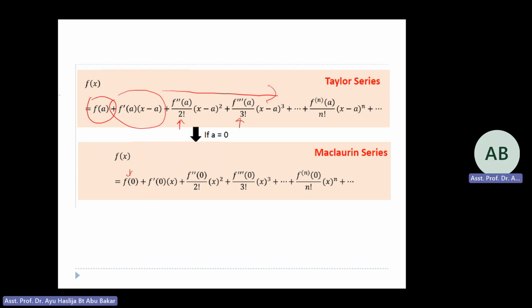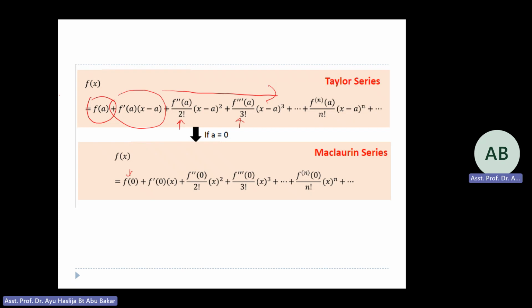When you expand, you will have 2.5. It is approaching the true value. Add the fourth term, you will have this figure. Fifth term, approaching the true value already.